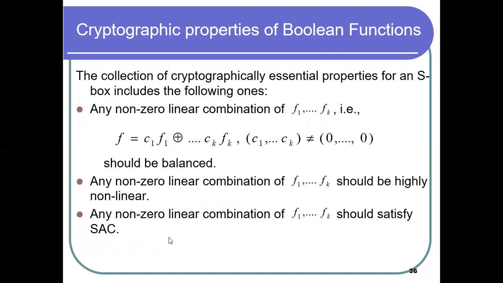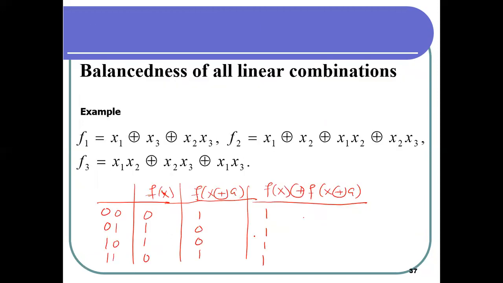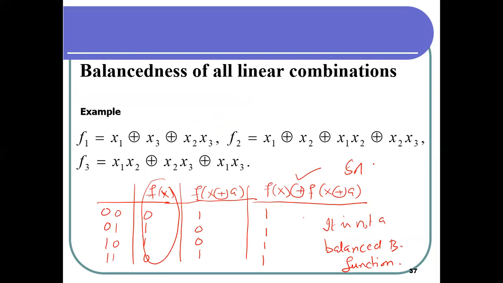But here the number of zeros and ones are not the same, so the function f which I have taken here is not a balanced Boolean function. So this is my example to verify the SAC of a Boolean function.